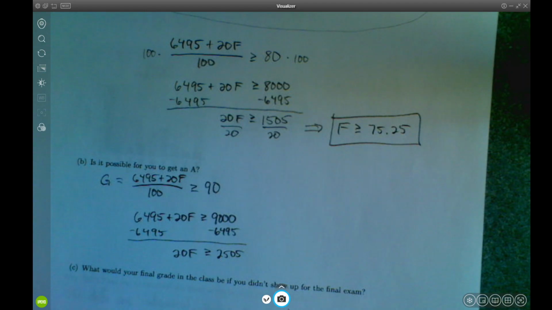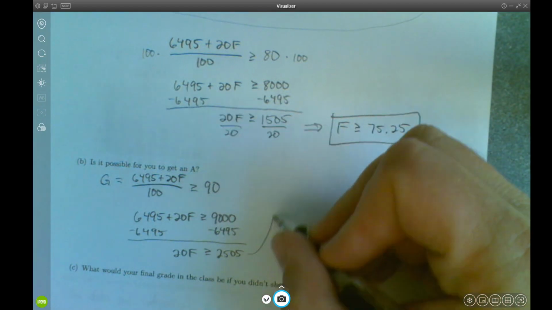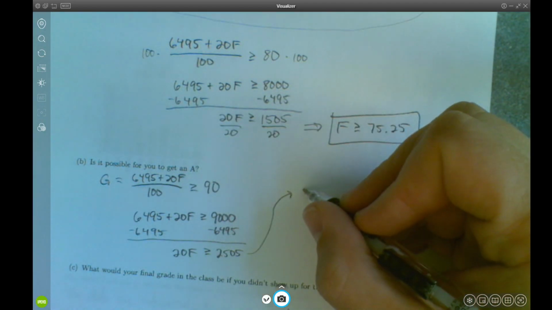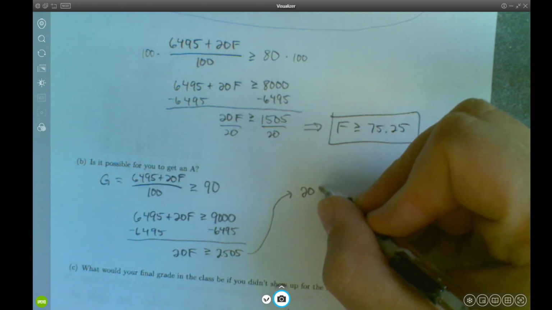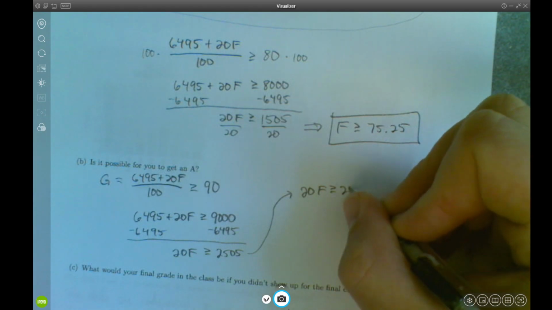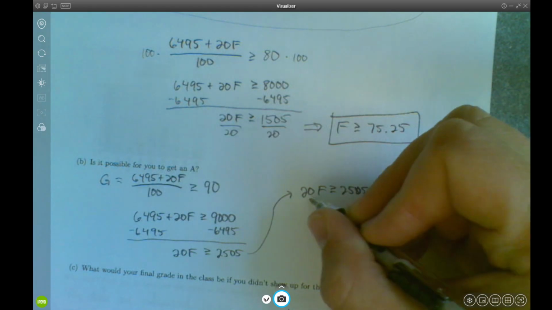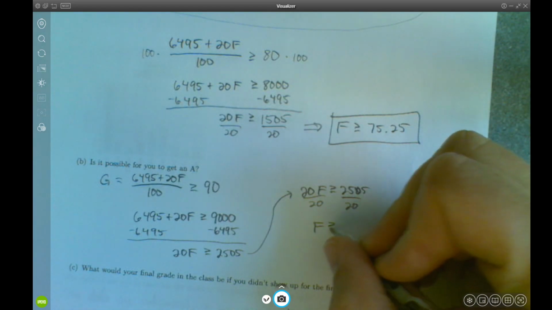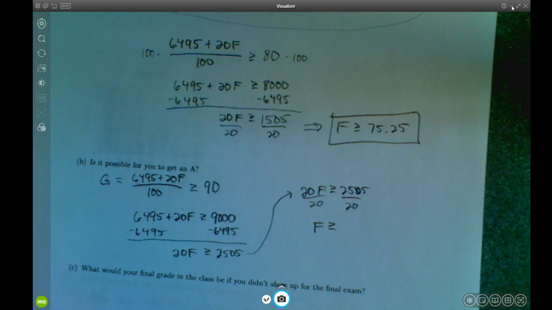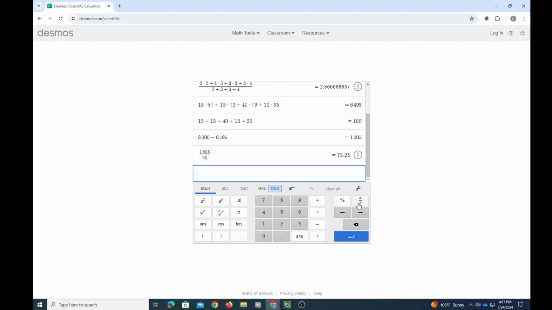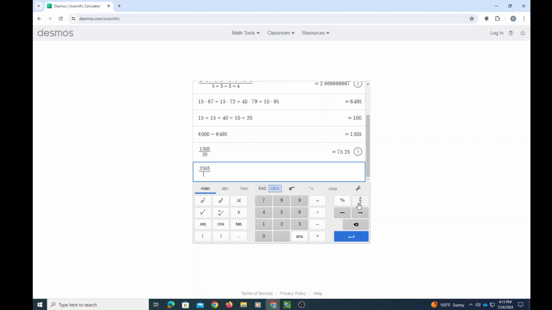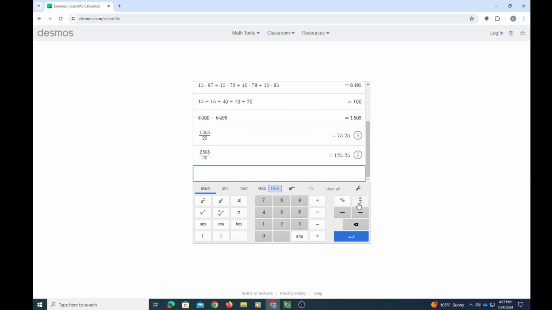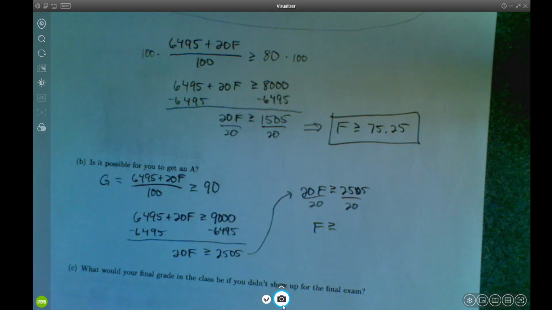Okay. And then we would divide by 20. And so we would need 2505 divided by 20. We would need to score at least 125% on the final exam.